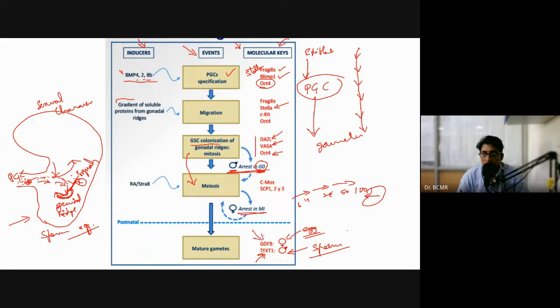Or if it is producing GDF9 in abundance, then it is an egg, like that. Or if we know that some cells are producing these three, that means those cells are at a stage similar to that of the primordial germ cells after or prior to entering meiosis. And for meiosis, we have these proteins that can be used as markers.